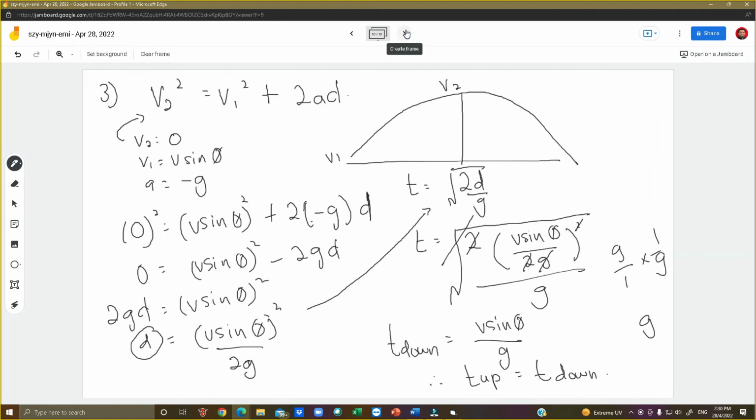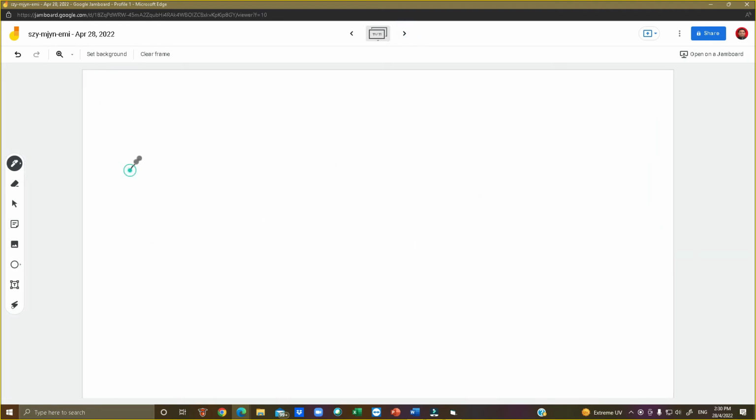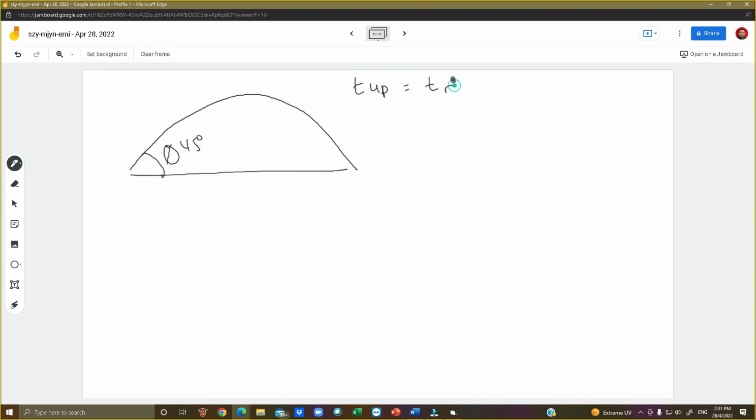Okay, next one, when we try to prove 45 degree is the best. What information did we have earlier? We have T up equals T down, which means the time taken up equals the time taken down. So T total will equal T up plus T down.